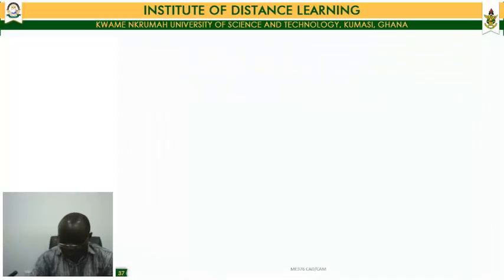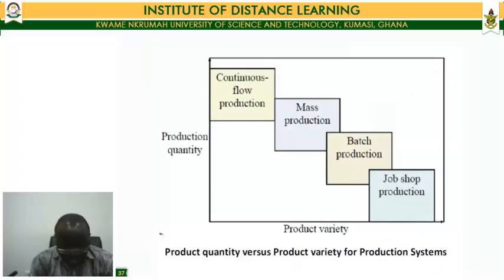Now, when it comes to these four main manufacturing processes, continuous flow, mass production, batch production, and job shop production, you have production quantity against product variety.